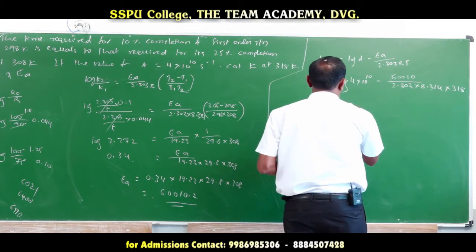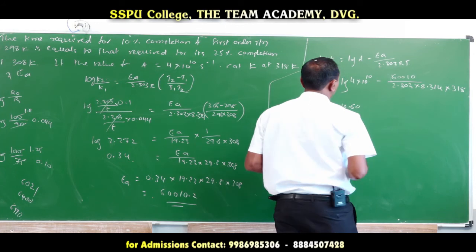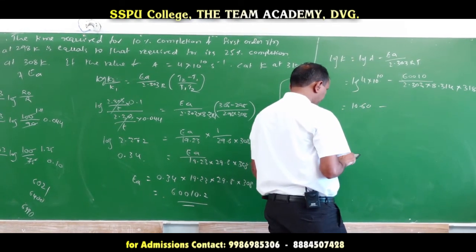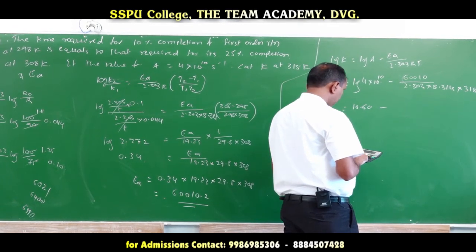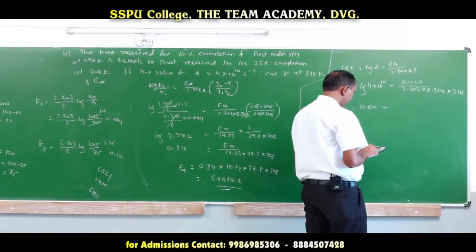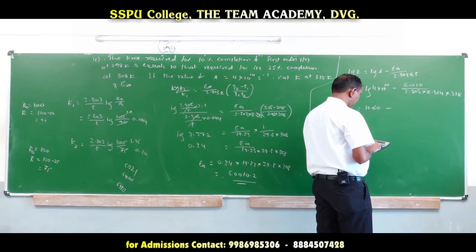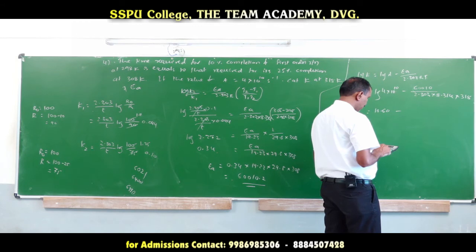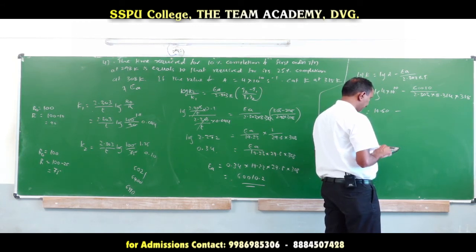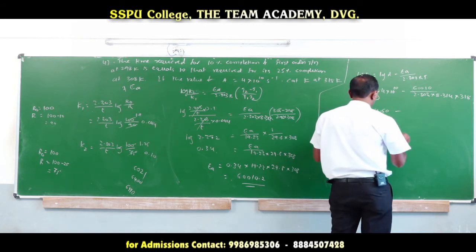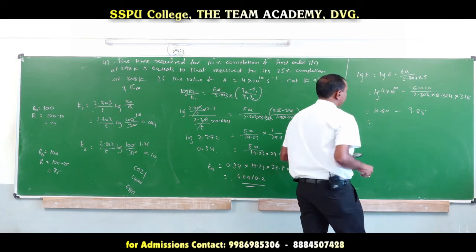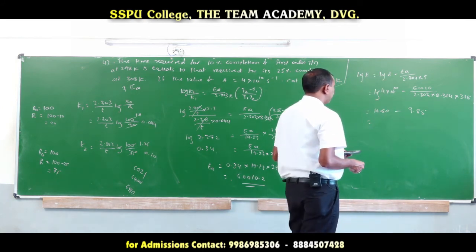This is 10.6021 minus 2.303 divided by 8.314 divided by 380, which is 9.85. So 10.6 minus 9.85.